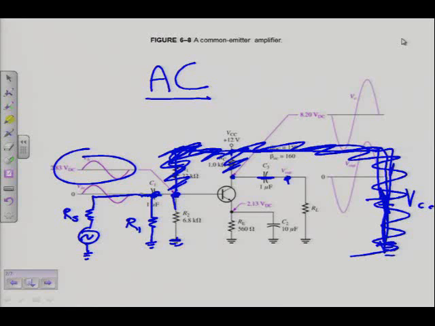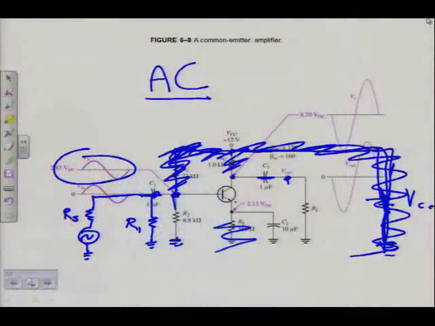Is that correct? That's the formula that you've learned, and you memorized that formula. And now I've messed it all up, because now I'm using a capacitor, so that resistor is not there anymore.